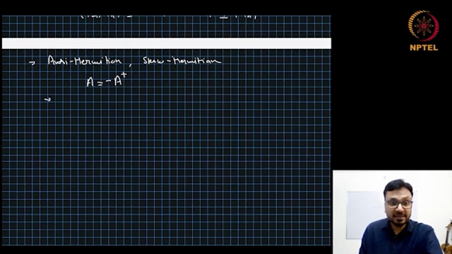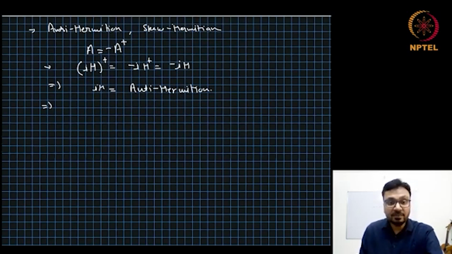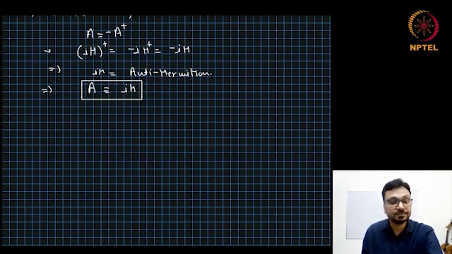Now very easily we can see that if we have a Hermitian operator H and we multiply it with i, which is the square root of minus 1, the dagger of iH is minus i H dagger, which is minus iH. So this implies that iH is always anti-Hermitian. We can claim here that all the anti-Hermitian operators can be written as i times Hermitian operators. And this is what we will be using throughout this coursework.